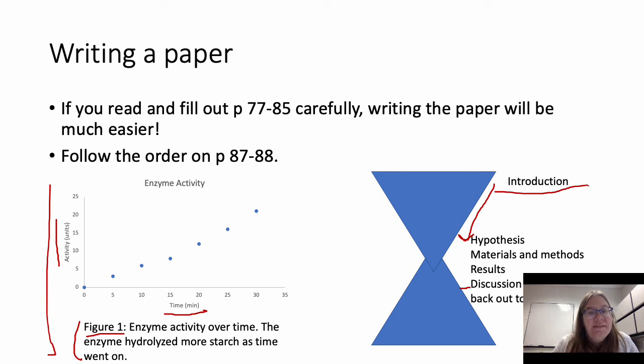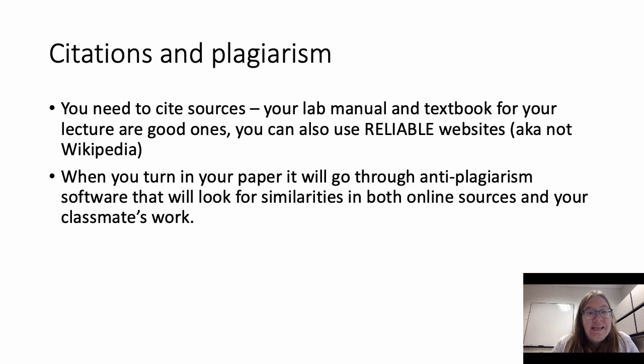Finally, you need some citations. You should cite your sources. Your lab manual should be one of your sources because that's where you're getting all of this information from. Your textbook might be another good one.